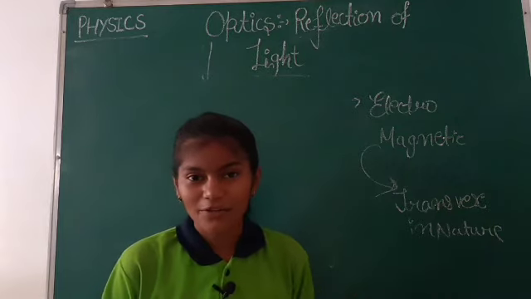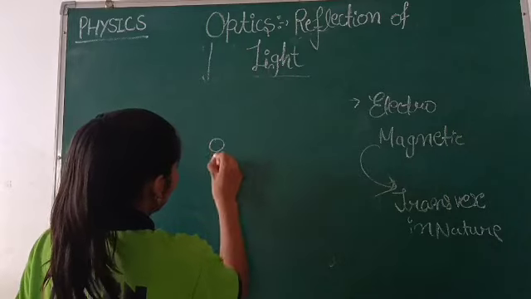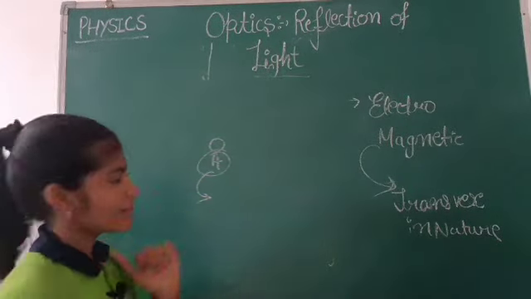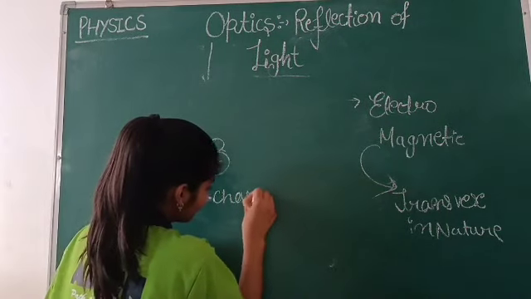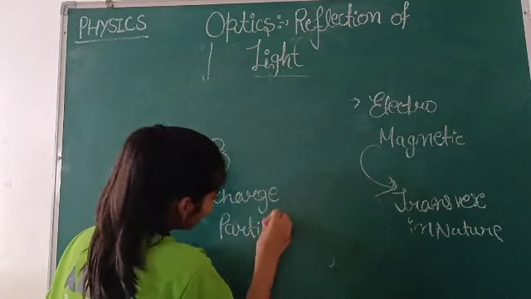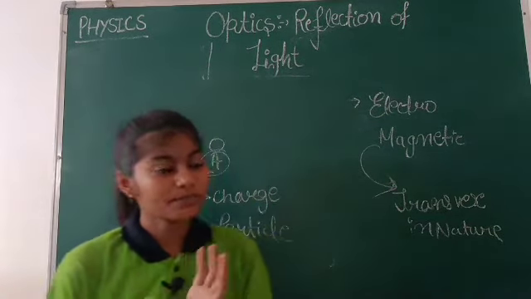So what is happening actually is that we have a particle. Let's suppose I am having this particle A, and the speciality is that this is a charged particle, and in this case it is stable. It is not moving.